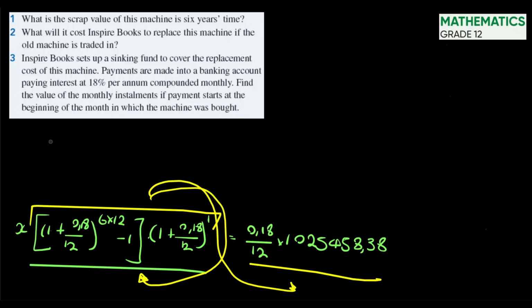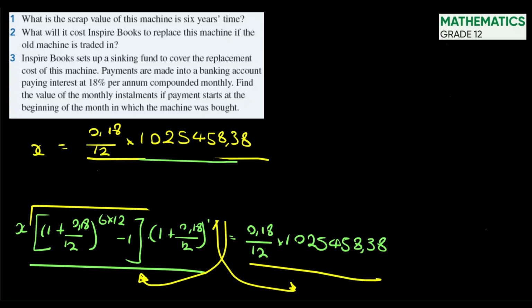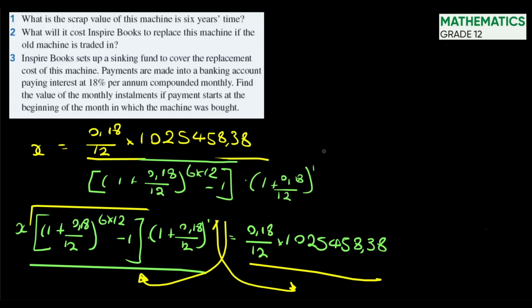And on the left hand side we'll only be left with x is equal to 0.18 over 12 times 1,025,458.38 divided by, as I said, financial maths becomes a bit tedious because you have to be rewriting the same things over and over again in a different format, but that's the cost of excellence, times (1 + 0.18/12) to the power of 1.